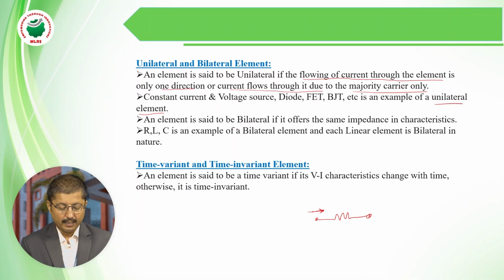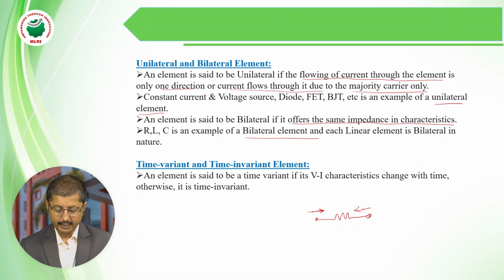Similarly, the second one, elements are said to be bilateral if they offer the same impedance characteristics. Resistor, inductor, capacitor are examples of bilateral elements. That means the current flows in both directions.